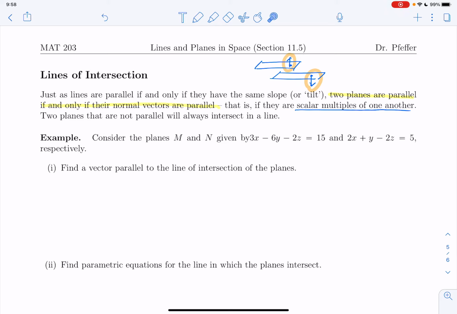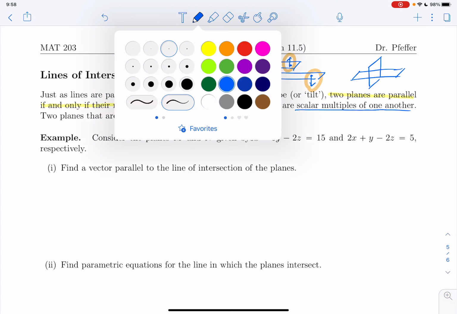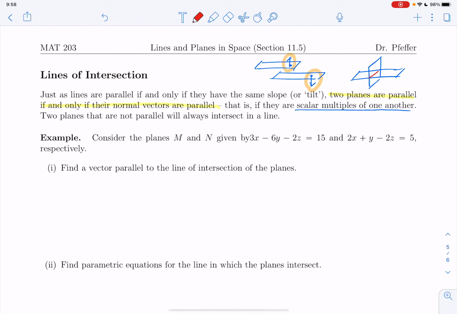We will note here that two planes that are not parallel will always intersect in a line. That much we can see, for example, by drawing a vertical plane, and then a horizontal plane. When we do that, they do intersect at this line sitting here in the middle.